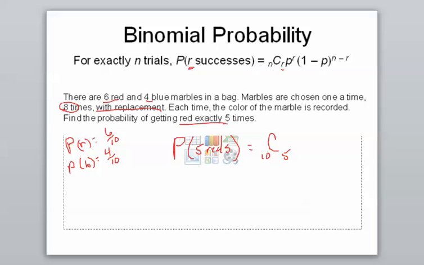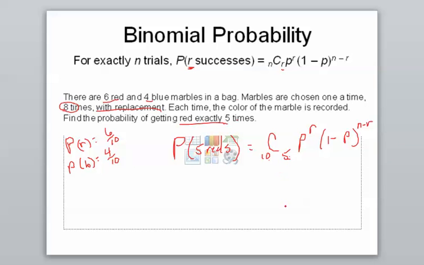That's the number of successes that we're looking to get. Combination of 10 things taken 5 at a time. And the probability of the red, the probability of r, well, that's going to be 6 out of 10. And this is 1 minus the probability, to the n minus r. Well, that's raised to a power, isn't it?